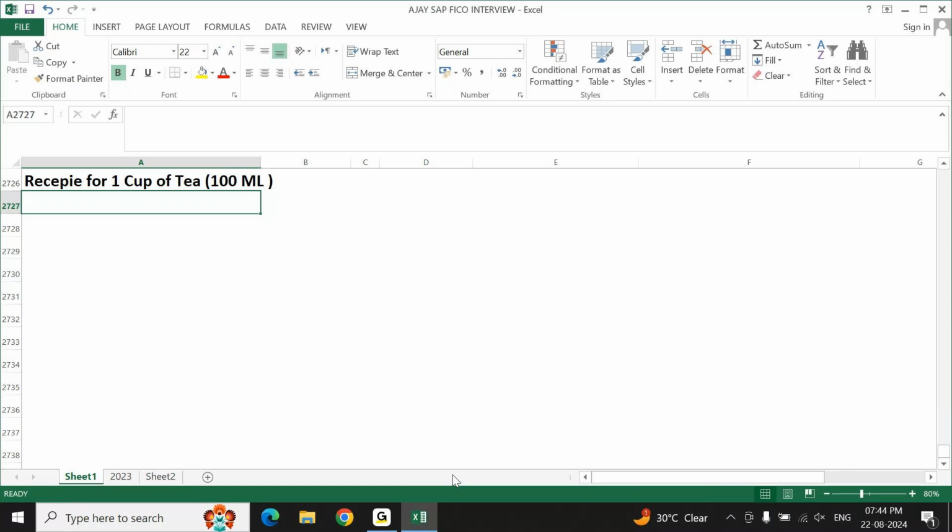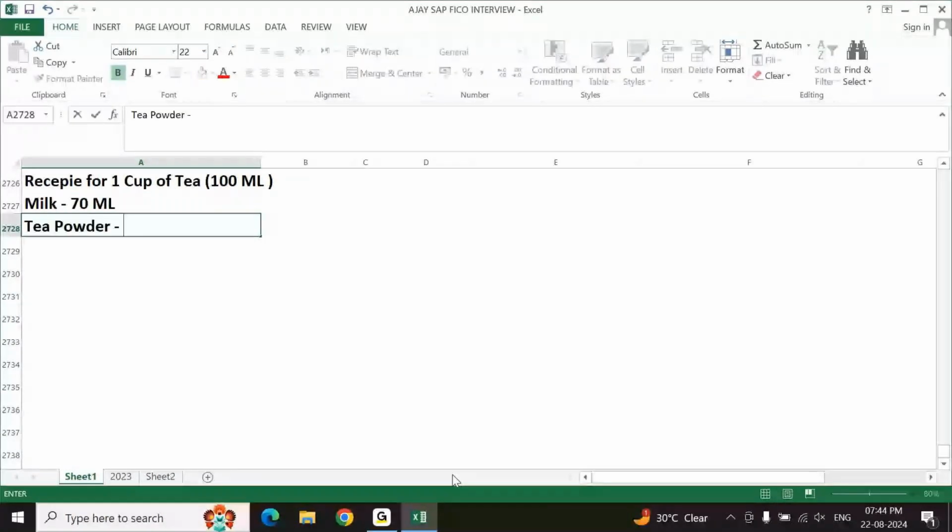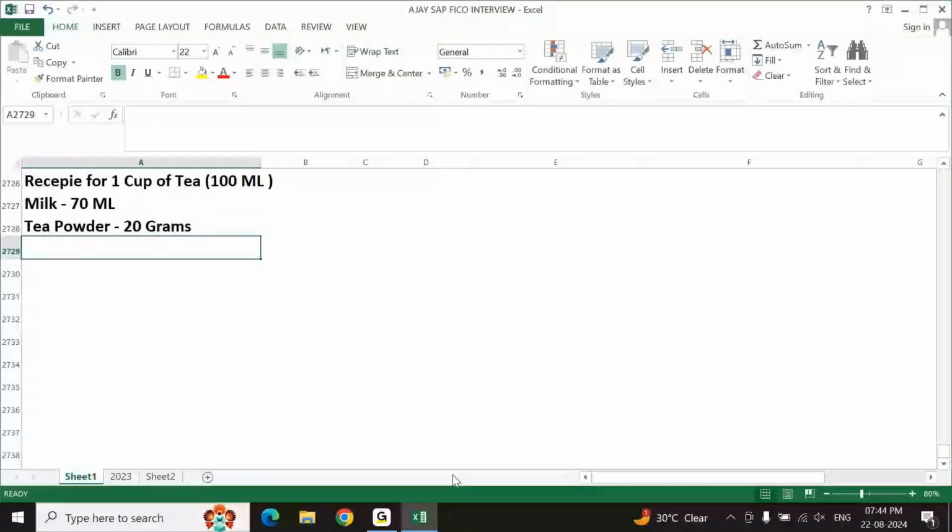Let's say I need tea powder, 20 grams. I need sugar. Ignore the calculations, I'm randomly putting it. Let's say 30 grams sugar.